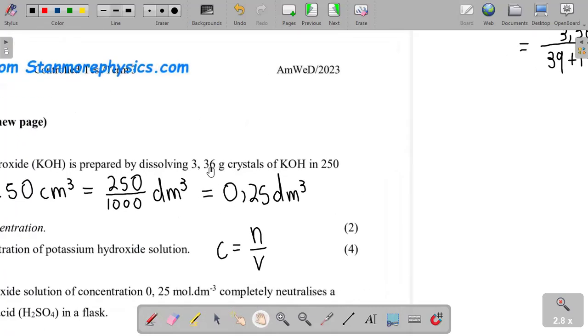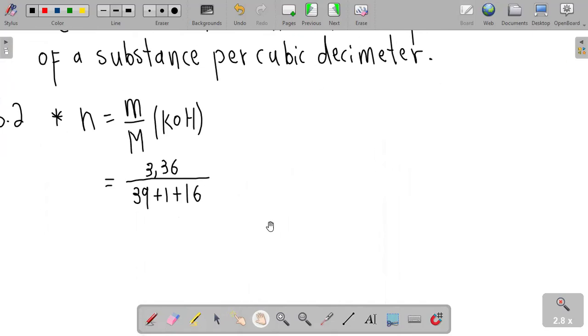They said dissolving 3.36 grams crystals of potassium hydroxide. You use your calculator, here you have 3.36 over 56.